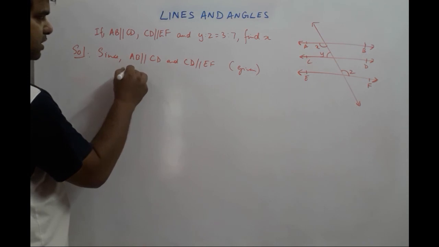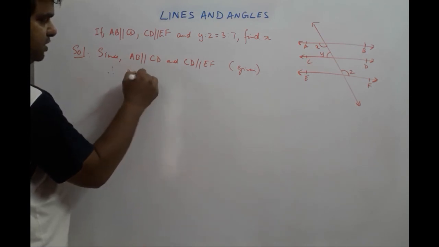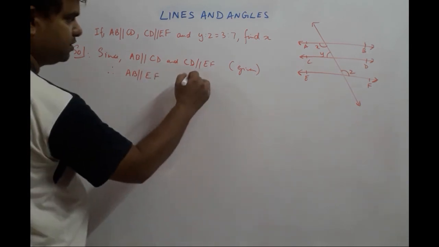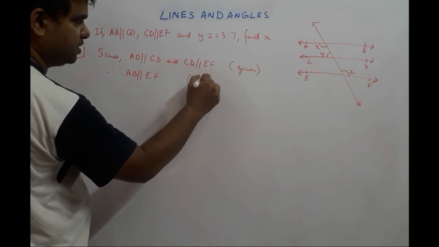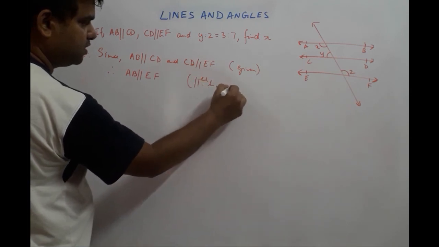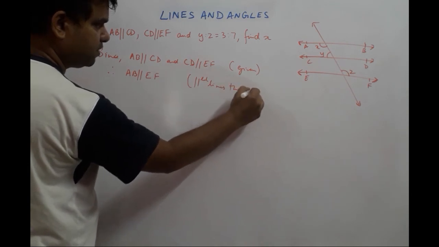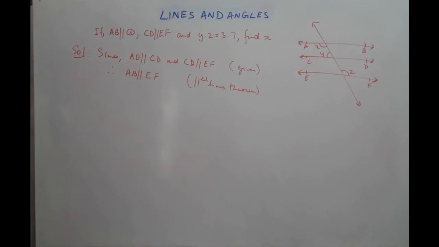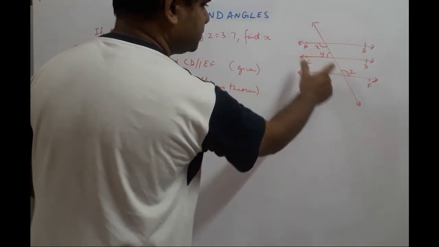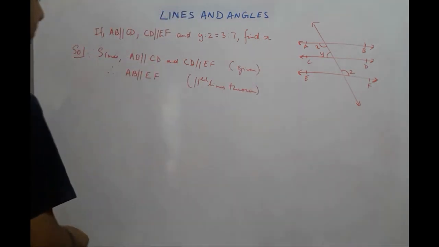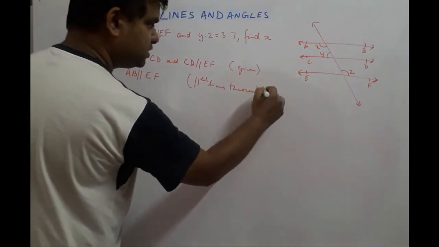Therefore AB is parallel to EF. This is the parallel lines theorem. Now that we have done that, we can have a relationship between AB and EF, and also between their angles. So keep this as 1.